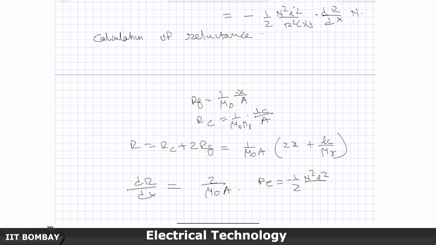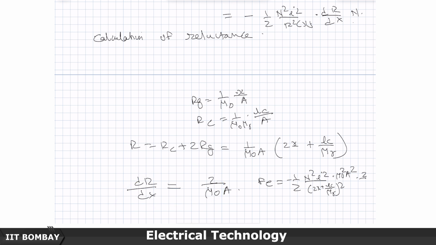So, if I substitute 1 by r square of this, I will get 2 x plus L c by mu r whole square here, mu 0 square here, a square going up into dr by dx, and dr by dx is calculated as 2 by mu 0 a.